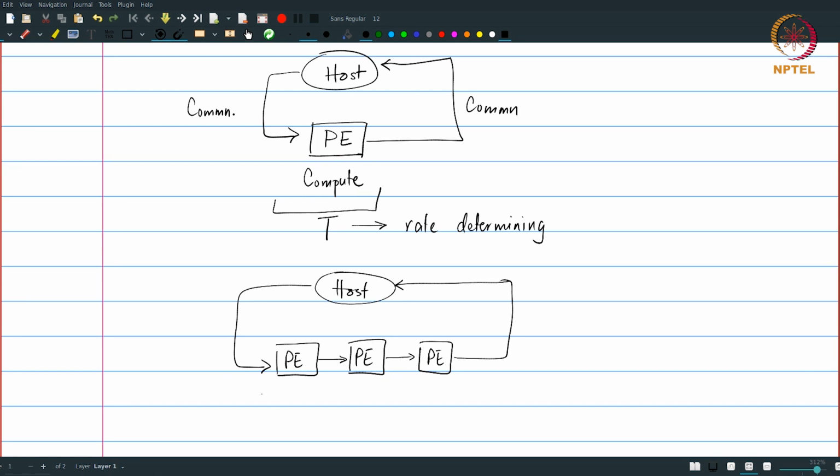Now, what we can effectively say is that the rate determining step is going to be the time for any one of these computations, provided that we assume that each of the processing elements does more or less the same amount of work.